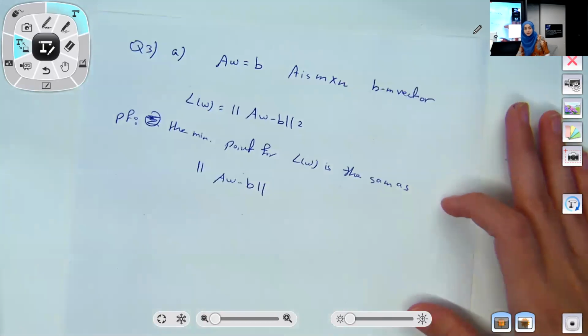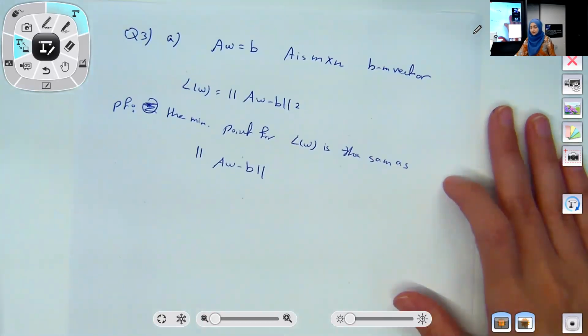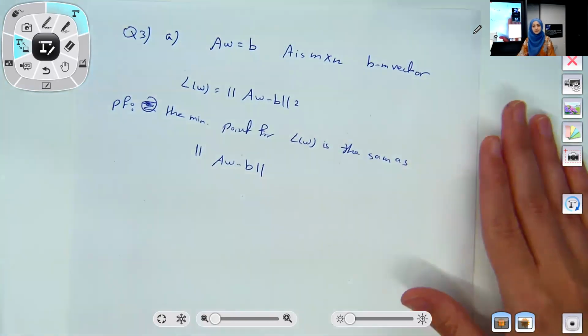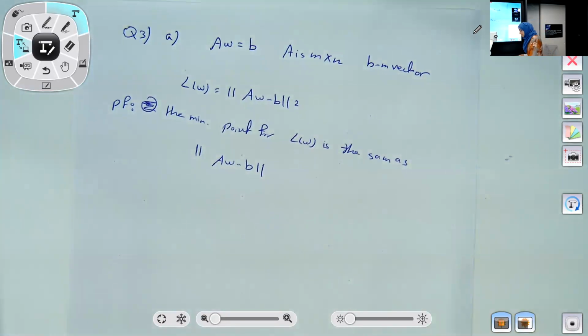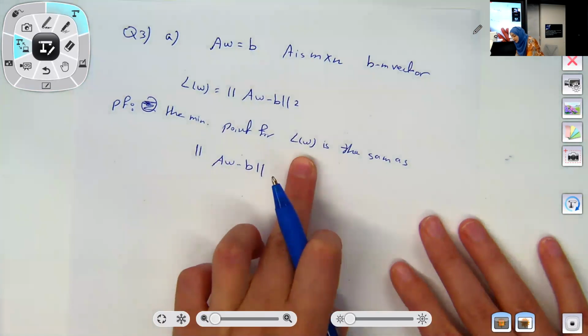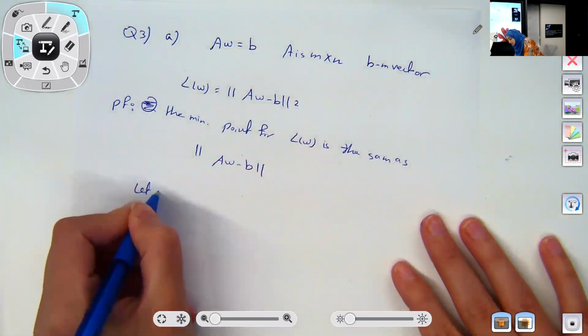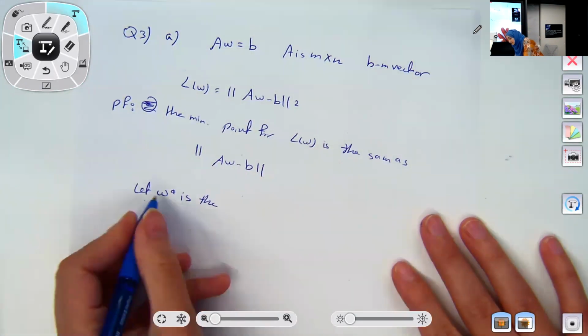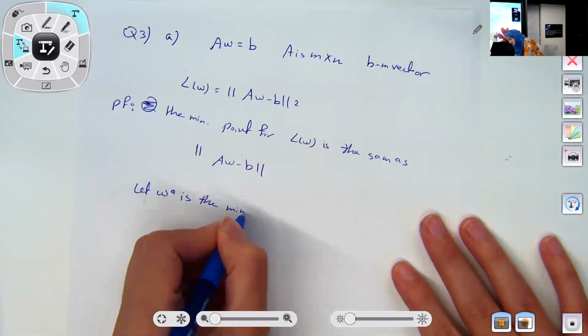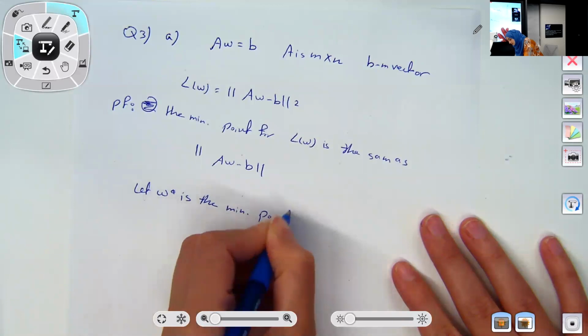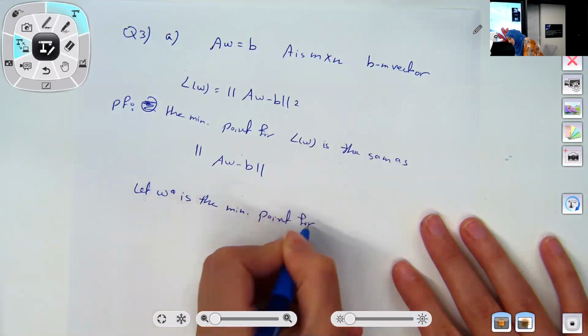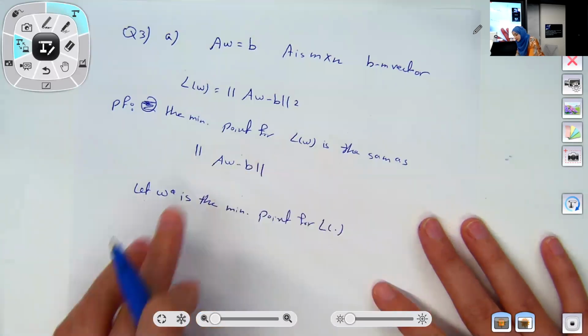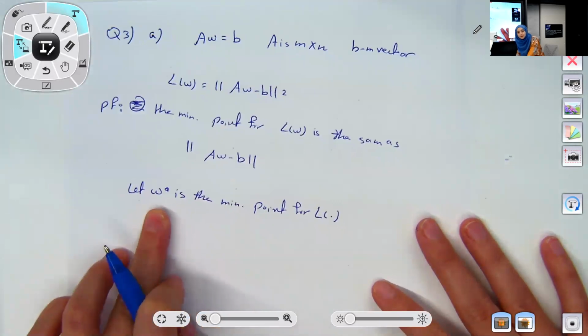At the beginning, we suppose that the minimum point for L of omega is omega star.